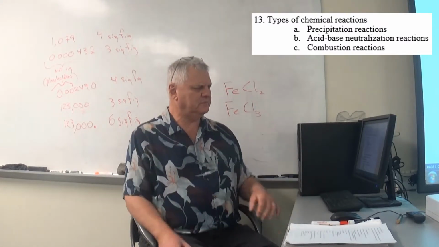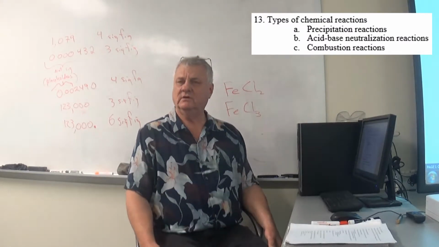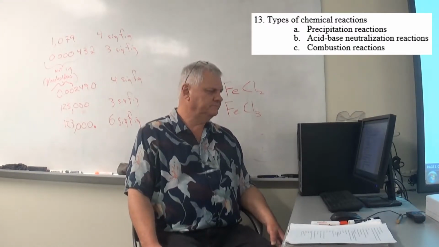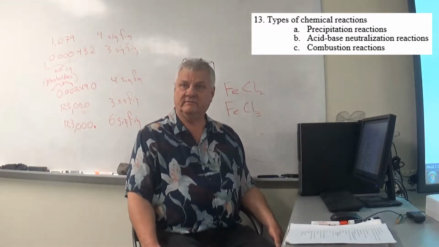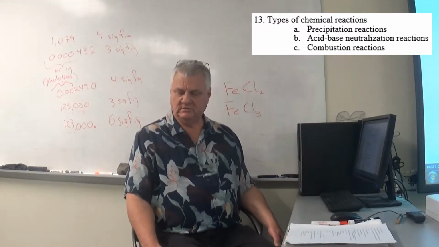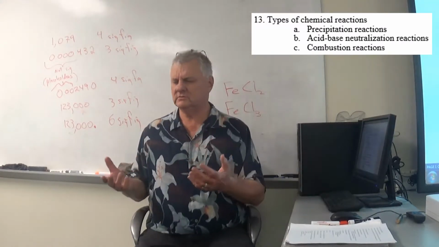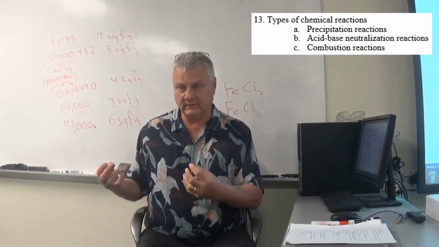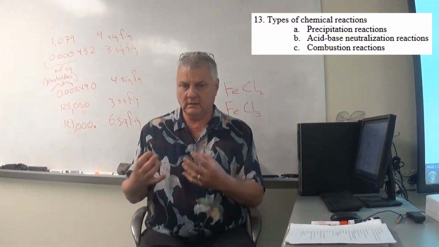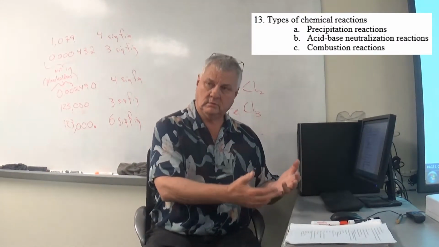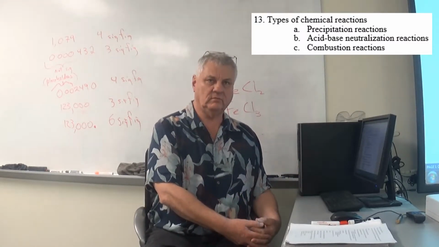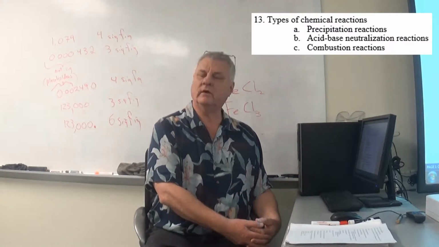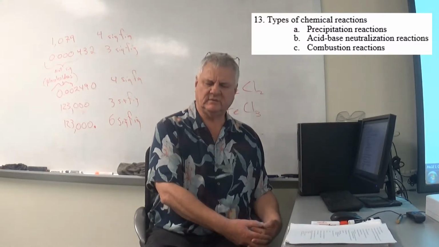Types of chemical reactions. How do you know if something's a precipitation reaction? Well, what you look for on the left side of the equation, you have two solutions of compounds, and they'll have aqueous. And on the right, somehow, a solid has formed, or it can have PPT for precipitate.